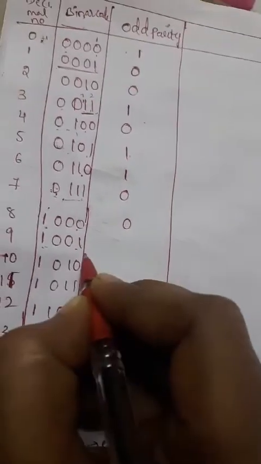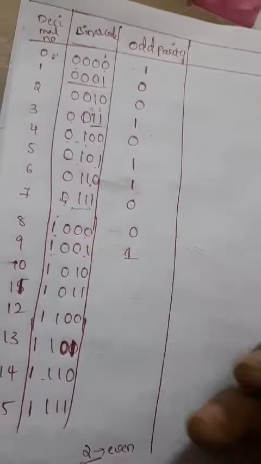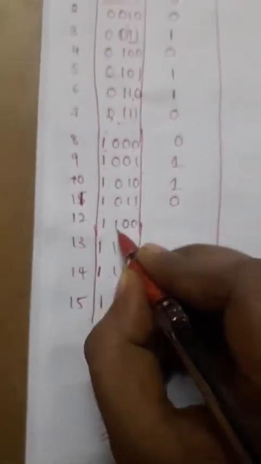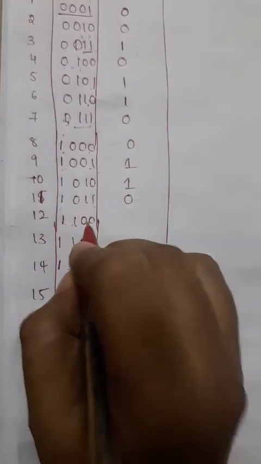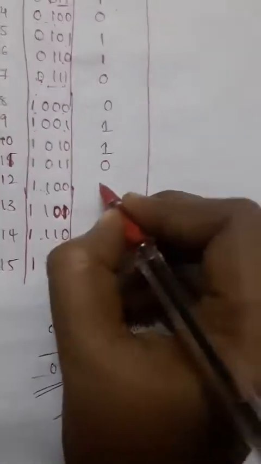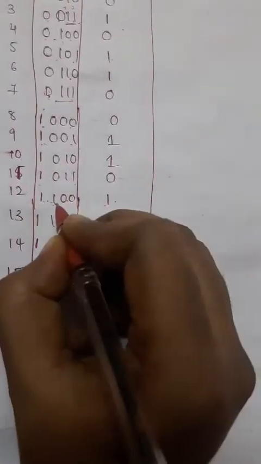And here 2 ones, so to make it odd parity we need to add one more 1. And here the number of ones is 3, directly it is odd, so add 0. So the number of ones is 2, that means it is an even parity number actually, and to make it odd parity we need to add one more 1 for this number.